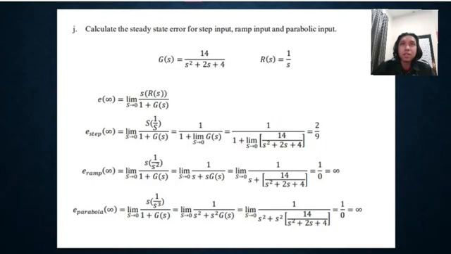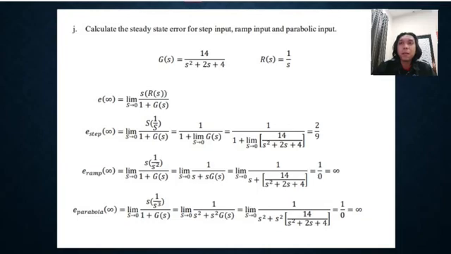As you can see, we have the formula e_ss equals the limit as s goes to 0 of sR(s) over 1 plus G(s). From this equation we can put it into the step, ramp, and parabolic error constant equations, then we put in the values, calculate, and get the answer.